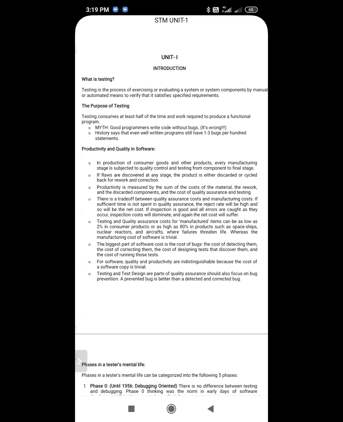Any problem is to be discovered at any stage, not only in the testing phase. The product is either declared good or cycled back for rework and correction.